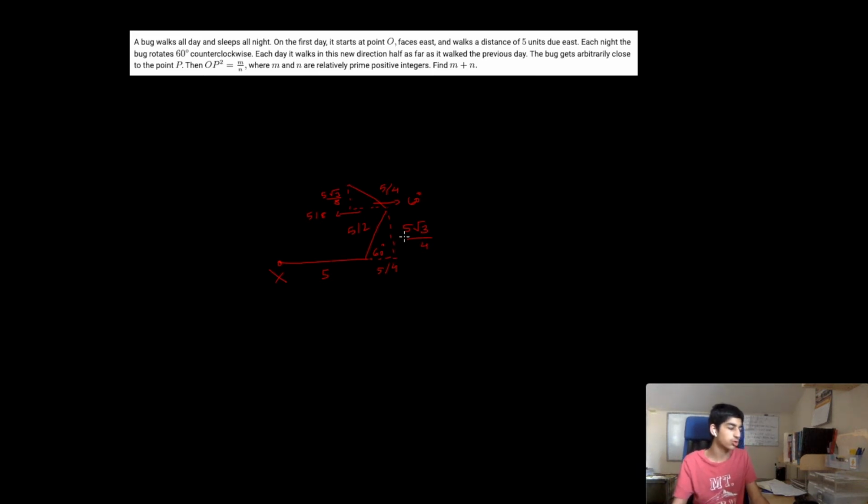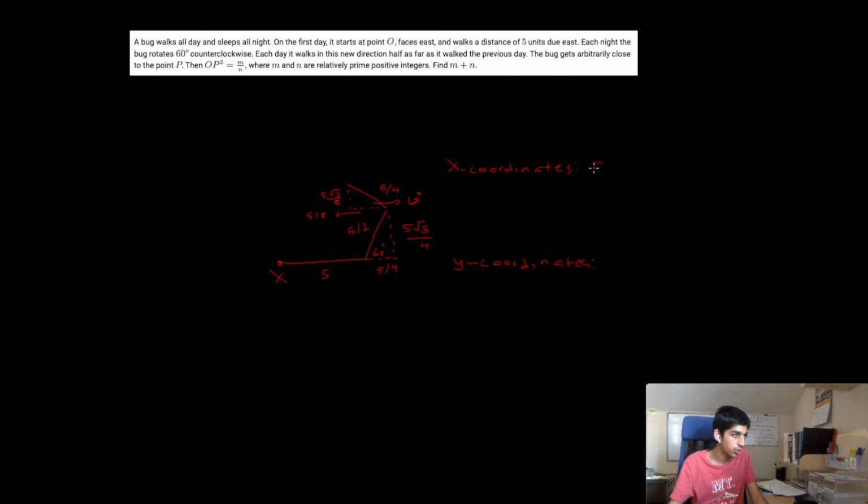For the first moves, I'm going to tally the total of the x coordinate and the total of the y coordinate. So here we have the x coordinates, and here we have the y coordinates. You'll see what I mean by these two things in just a second. On the first day, it moved 5 units to the right. We have to be careful of the signs, because if the bug is moving left, then the distance would be negative.